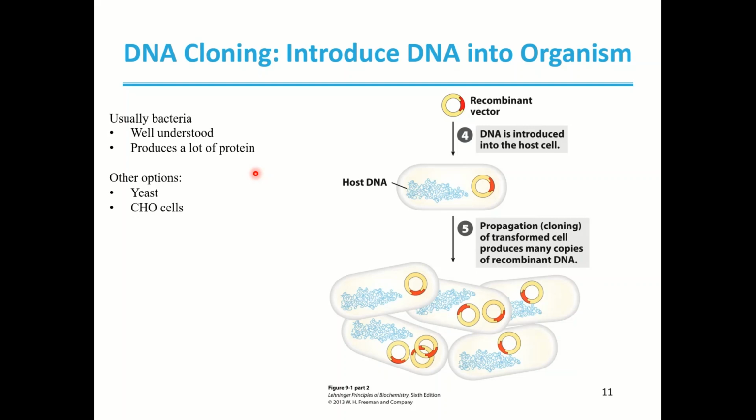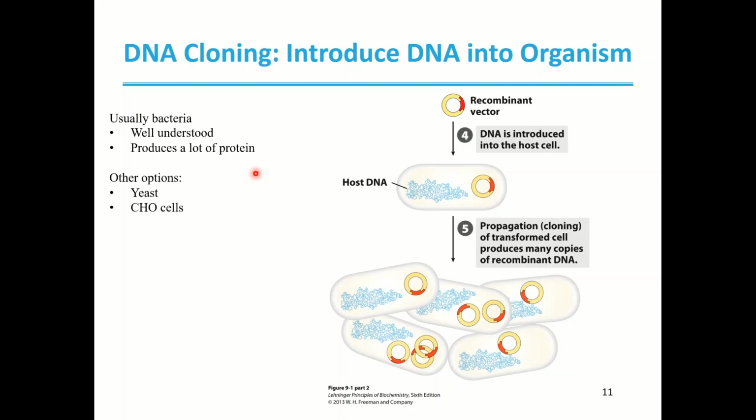But there are other options. Yeast cells, for one. That was probably the first eukaryotic system to do these recombinant proteins or molecular cloning, and since then there's lots of other eukaryotic cells that have been cultured.